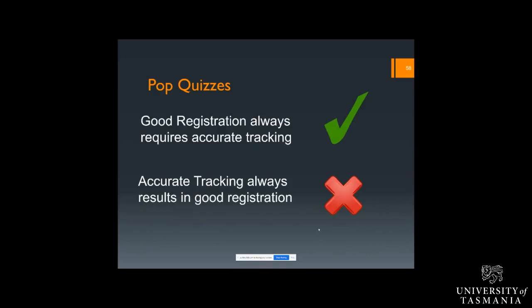However, if you have an accurate tracking system, that is just one component. It's not going to guarantee that the whole big picture, which is registration, is accurate. Hopefully you get some basic understanding of that.